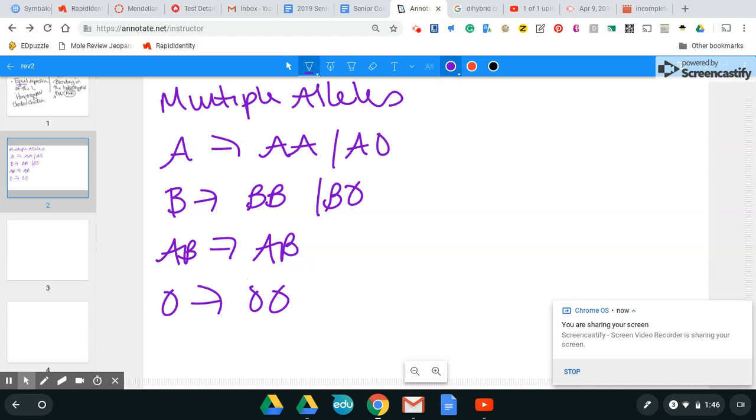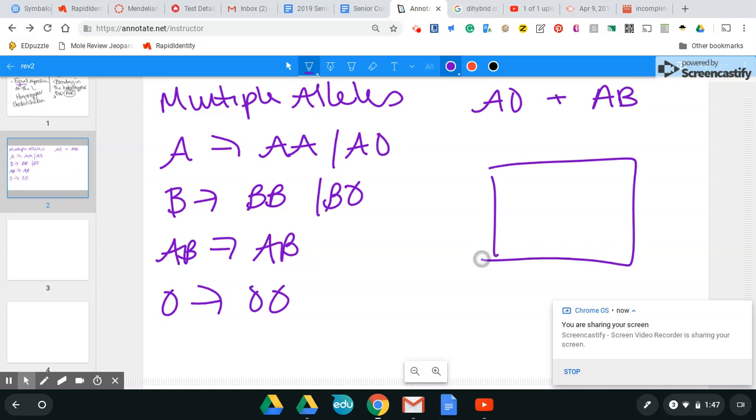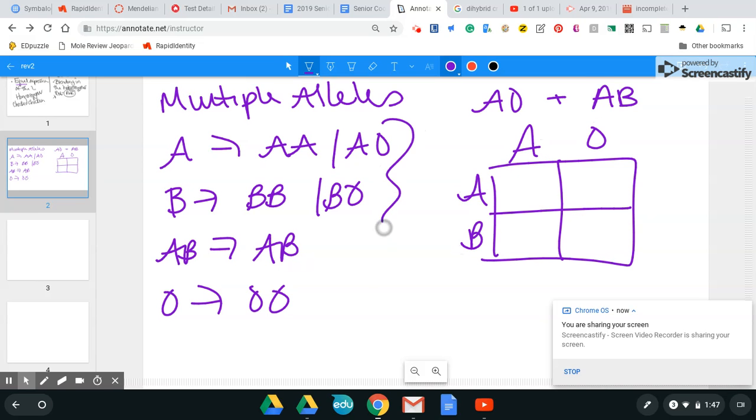So let's look at a problem. Let's say that I've got someone that has AO blood marries someone that has AB blood. And I want to know what is the ratio of the offspring. So AO and AB. And guys, this right here, you've got to memorize. So it's not going to be given to you on your EOC, so it's not going to be given to you on this test. So you're going to cross this.